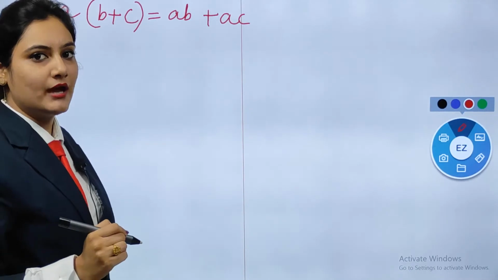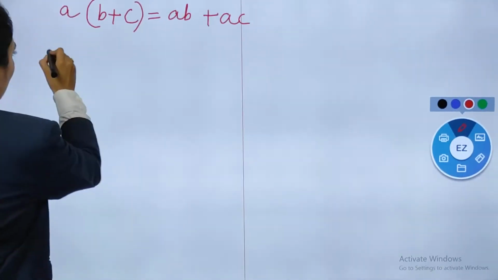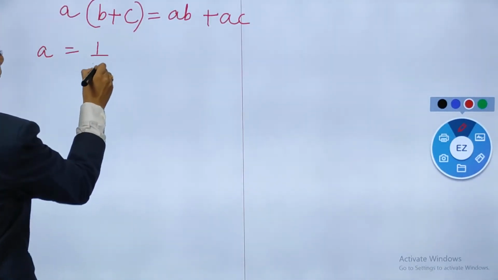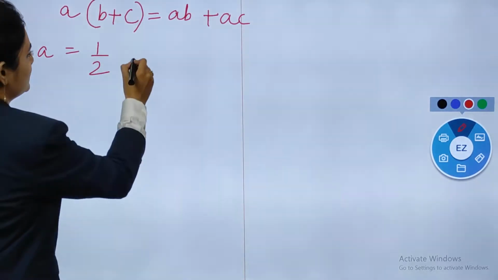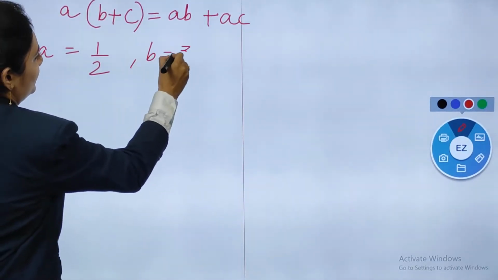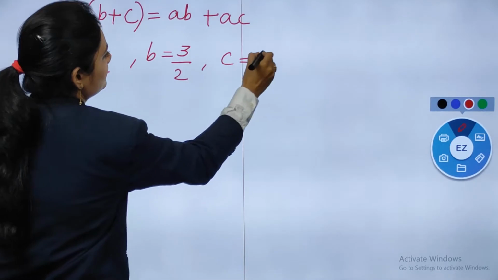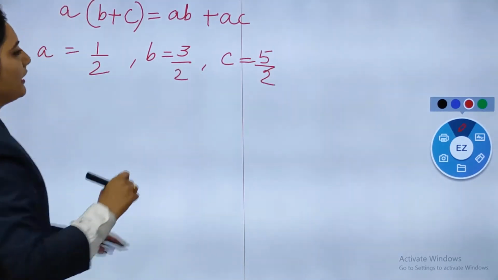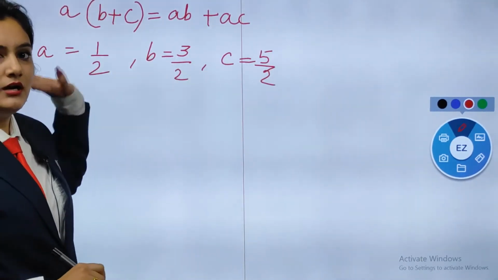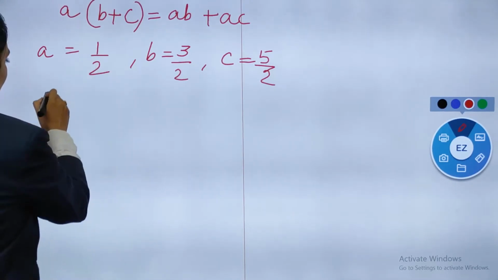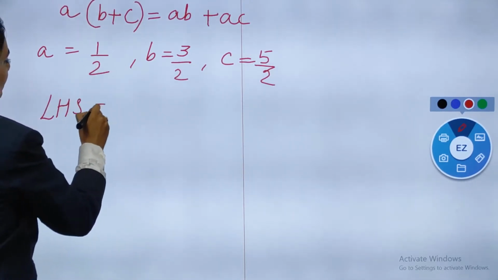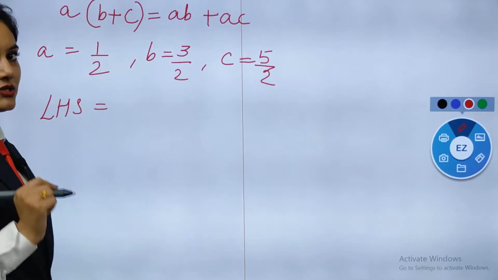Which 3 numbers have I taken? Rational numbers: a as 1 by 2, b as 3 by 2 and c as 5 by 2. Now I will substitute these values in the formula. I will do the LHS first and we will see whether LHS is equal to RHS or not.